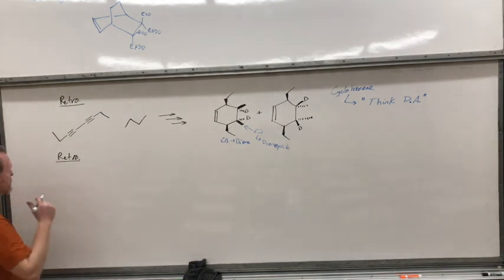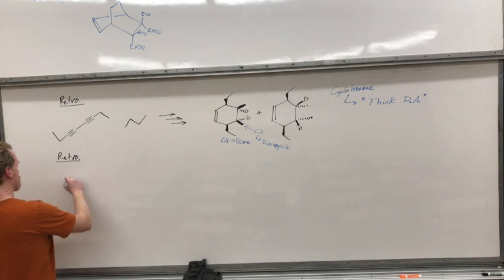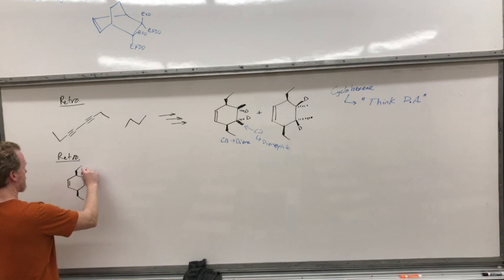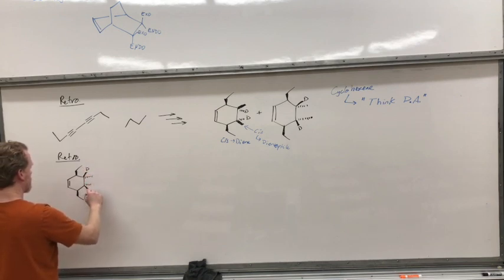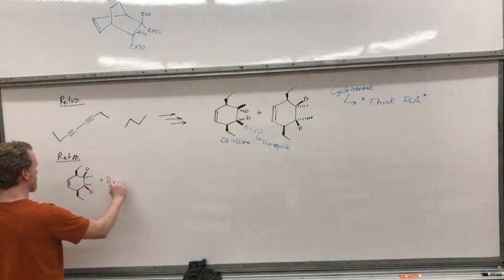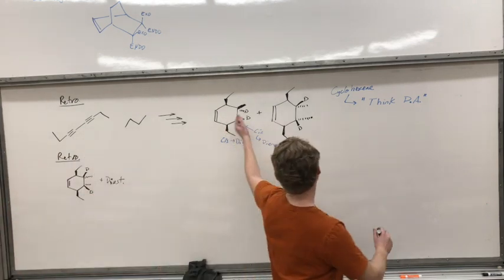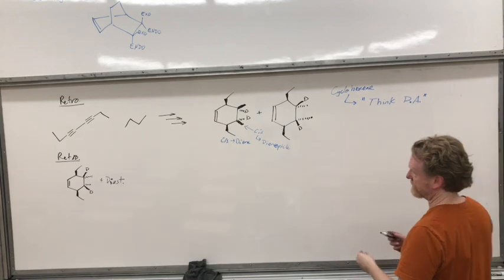Okay, here we go. So, got this cyclohexene, which is screaming Diels-Alder to me. So I'm going to draw one of them and say plus diastereomer. These two are diastereomers, yep.